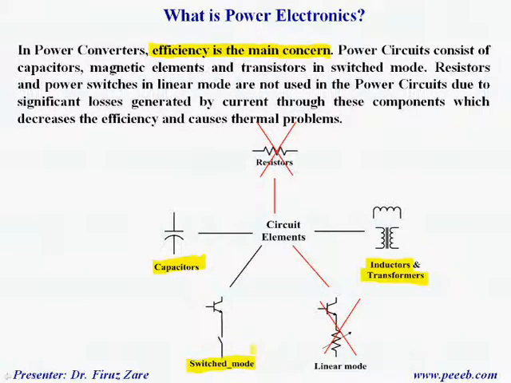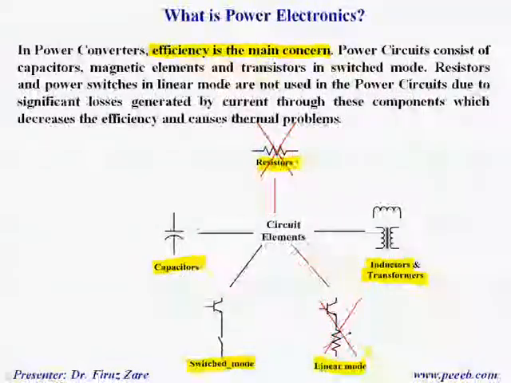In this case, we don't like to have any lossy components like resistors or linear mode devices, because you're talking about high power, high current, and these lossy components increase the losses, decrease the efficiency, and cause thermal problems.